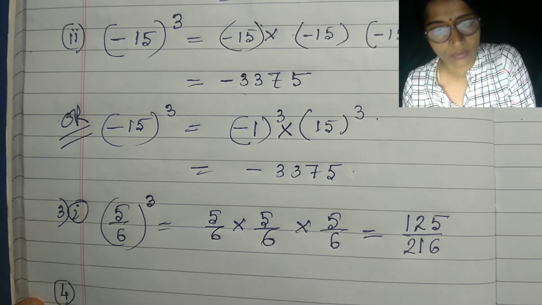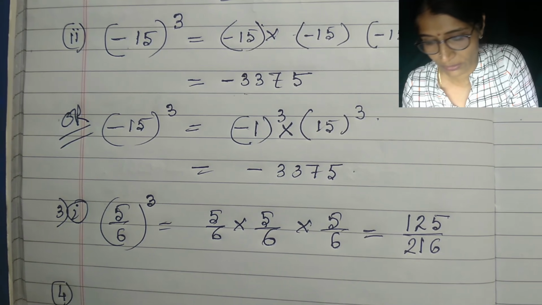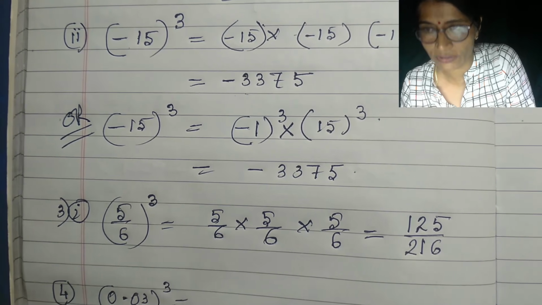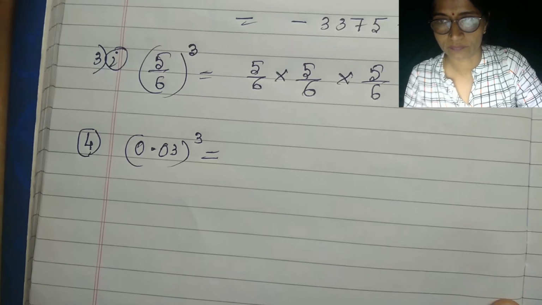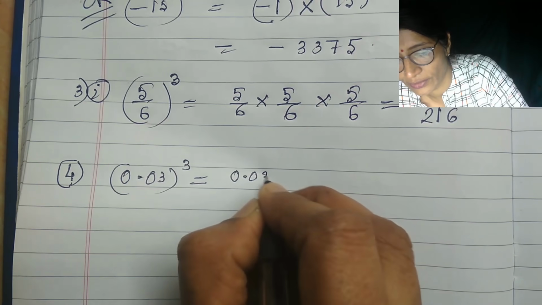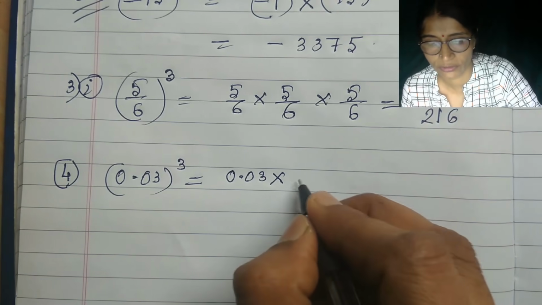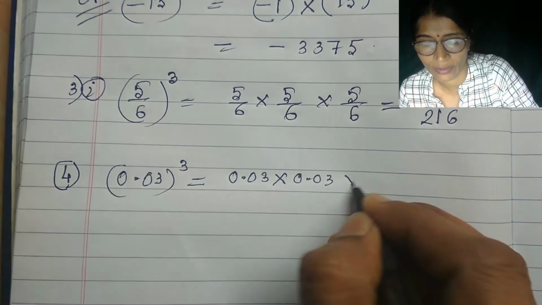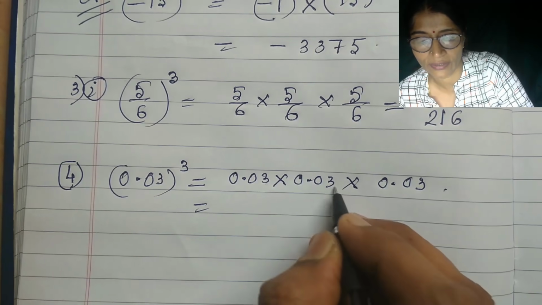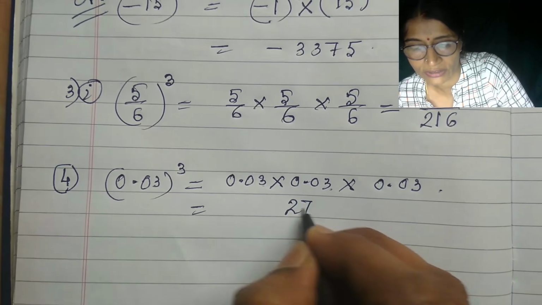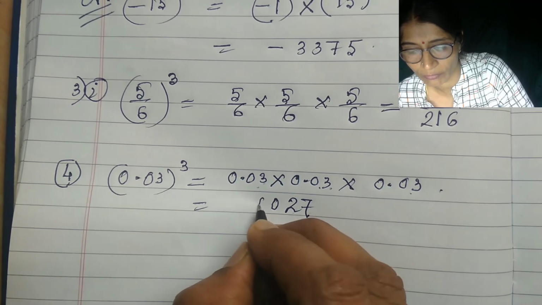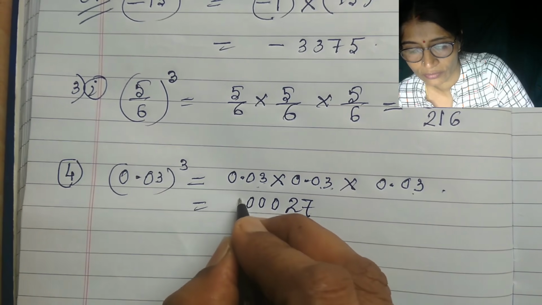Okay, then next example I'm taking from a decimal. Fourth, I'm taking any decimal, suppose it is 0.03 whole cube. So that is equal to 0.03 into 0.03 into 0.03, and that is equal to 3 3s are 9, 9 3s are 27, but the decimal will be, 2 4 6, so 1 2 3 4 5 6.